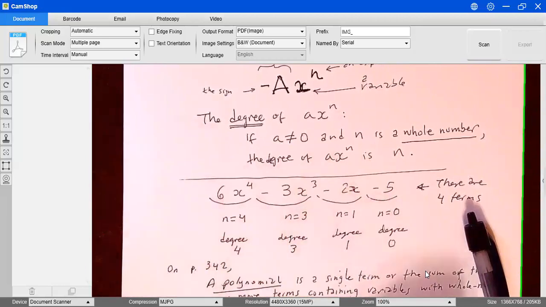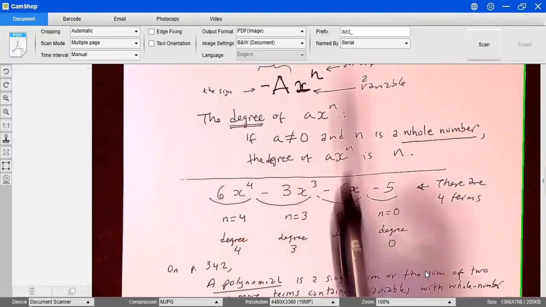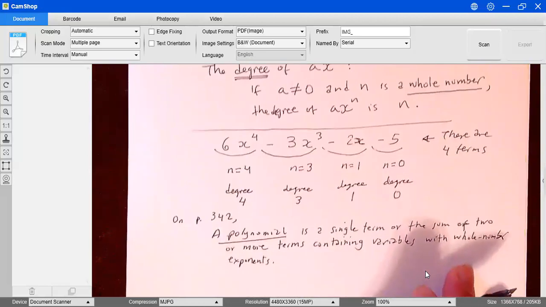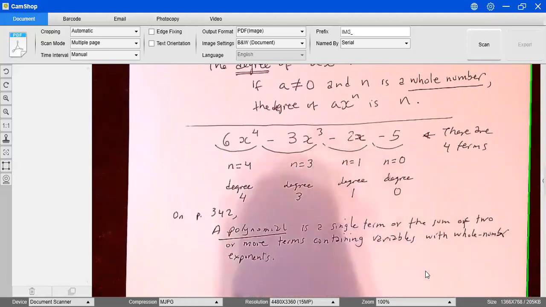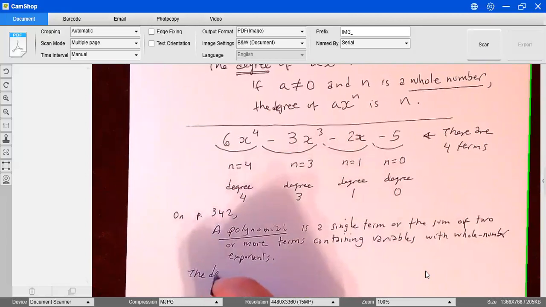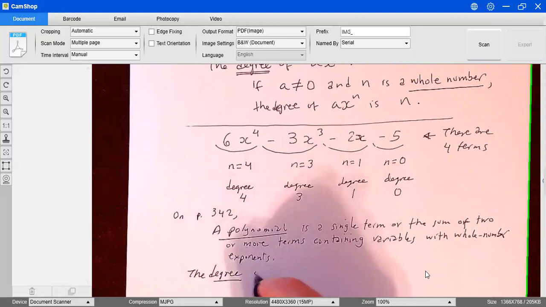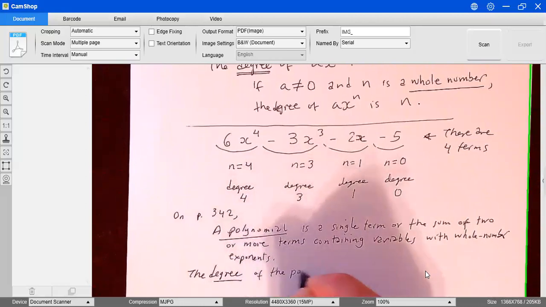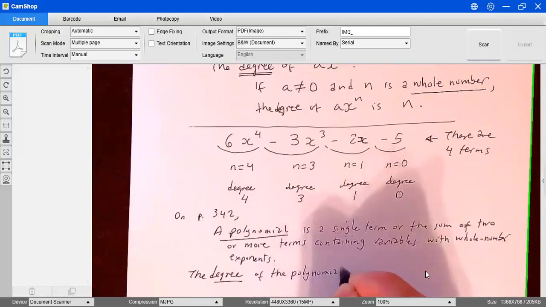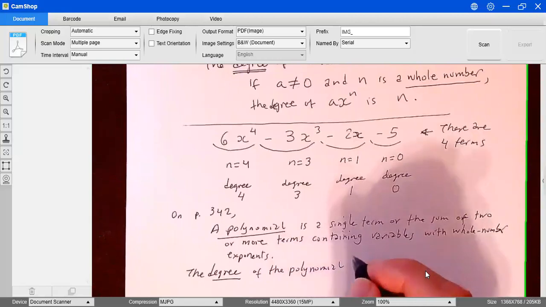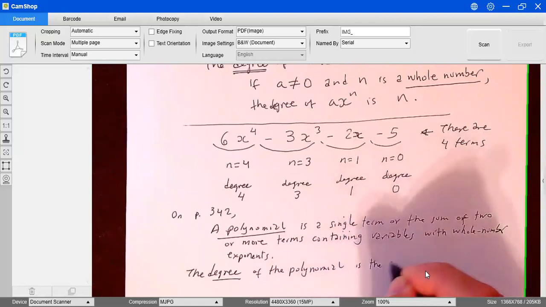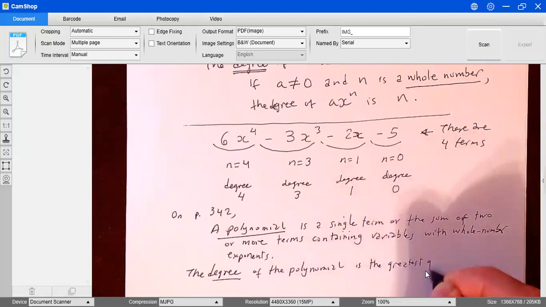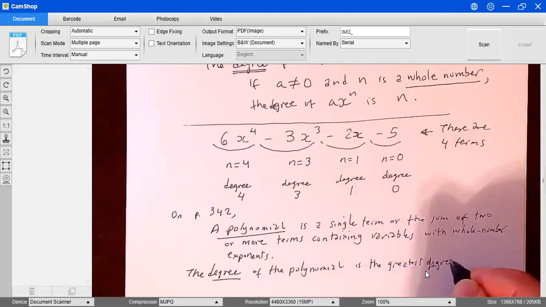So what is going to be the degree of the polynomial when you have more than one term? Then we're going to write here that the degree of the polynomial is the greatest degree of all its terms.